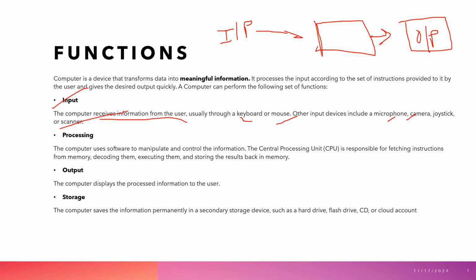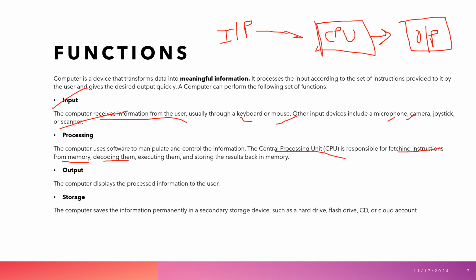That information is processed using a very important unit, the CPU or the central processing unit. What it does is it fetches instructions from memory as to what is expected of it to be performed.